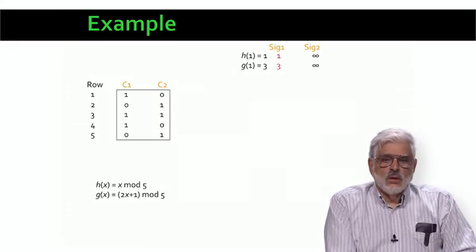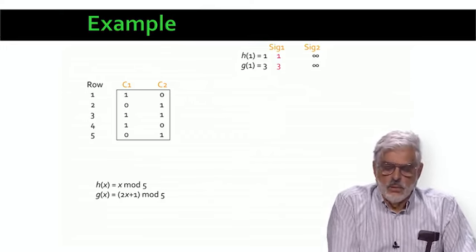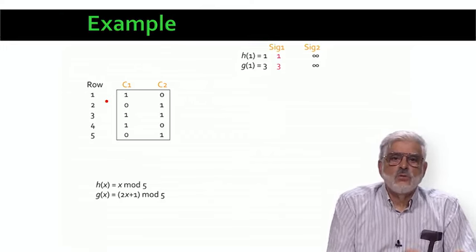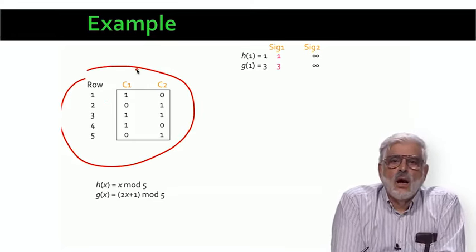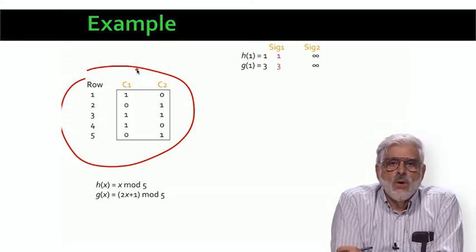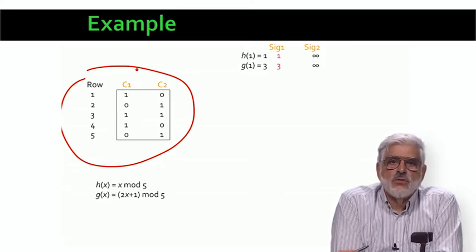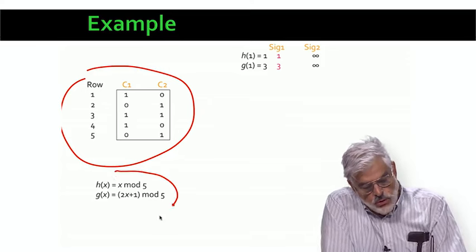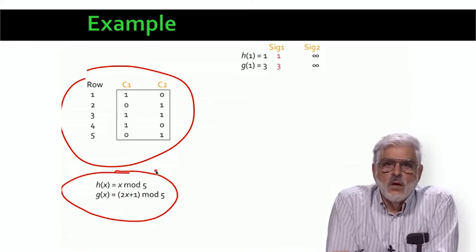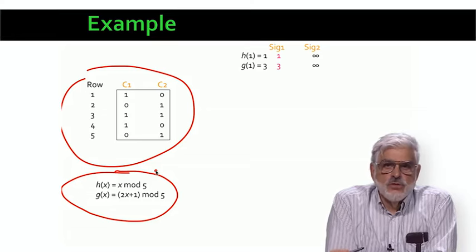So let's do a little example. Our matrix has only 2 columns and 5 rows. That's this. We're going to use 2 hash functions. That is, we compute signatures of length 2. The 2 hash functions that we use are shown here. Each maps integers to 5 buckets.